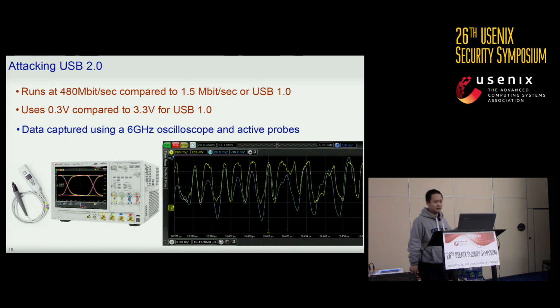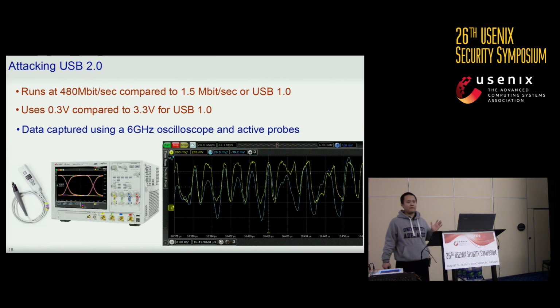On the top, the yellow curve shows the traffic between the laptop and the USB 2.0 memory stick. At the bottom, the blue line shows the leakage signal captured from another port adjacent to the USB memory stick.